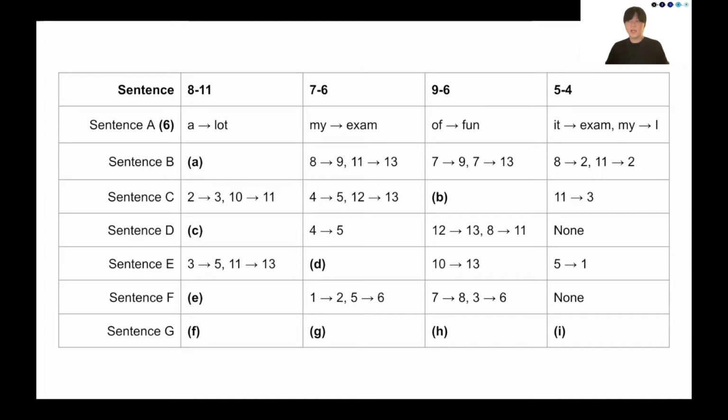For example, head 8-11 connects a to lot, so we might wonder if 8-11 connects a's to the words after them. 7-6 connects my to exam, so it might be that 7-6 connects possessive pronouns like my or your or maybe their to the things that they possess. 9-6 connects of to fun, so it might be that 9-6 connects prepositions like of to their arguments.